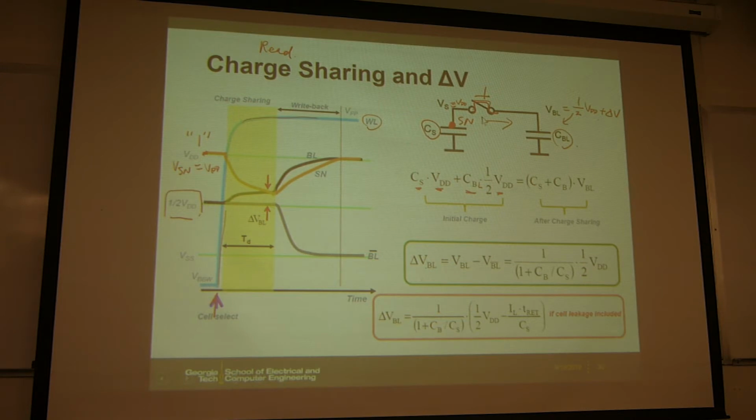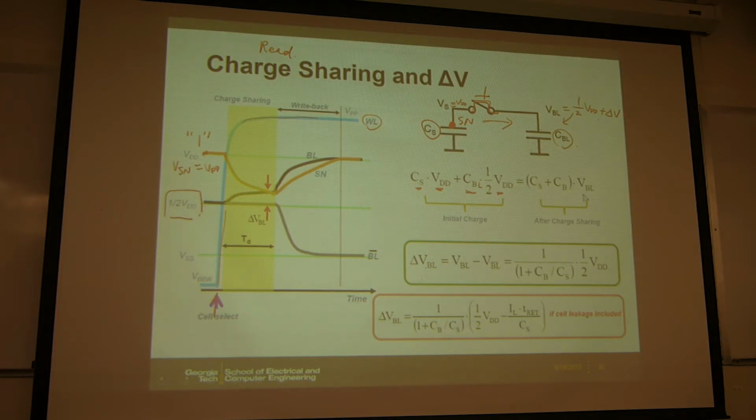And after you turn on the word line, the current will flow and charge will be shared, and eventually current will stop flowing when Vs equals VBL. If they have the same potential, then the current will stop flowing.